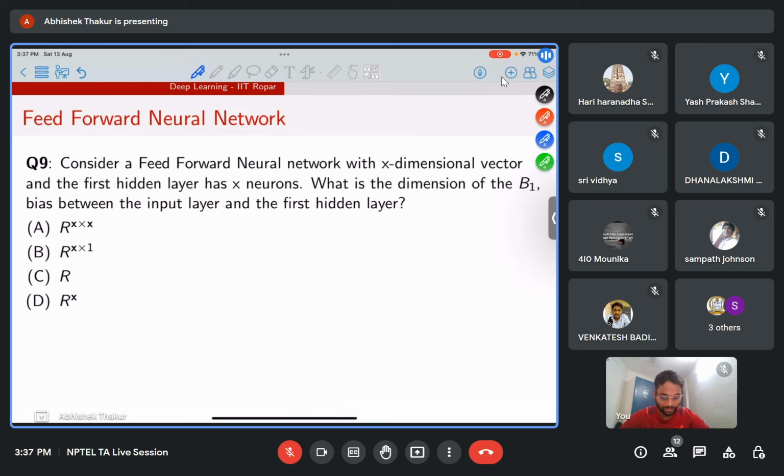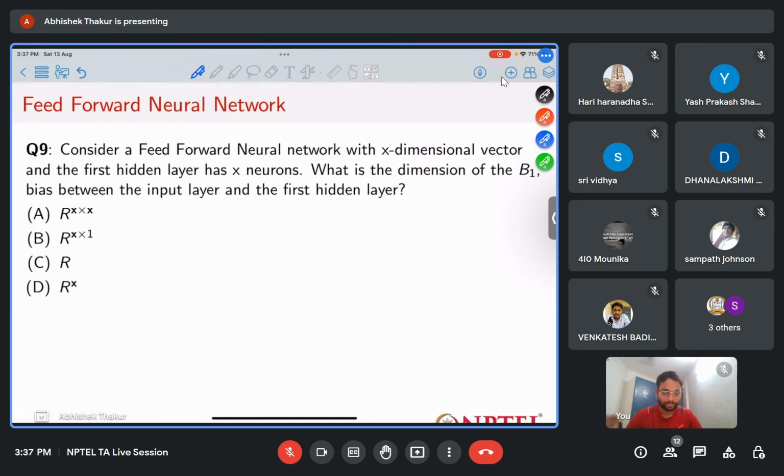Consider a feed-forward neural network with an x-dimensional input vector and the first hidden layer has x neurons. What is the dimension of the bias B1 between the input layer and the first hidden layer? So this question is asking, given x neurons in the first hidden layer, what will be the dimension of our bias vector B1?